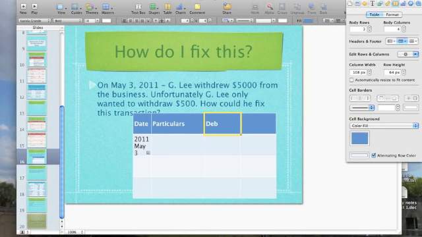Debit. And credit. So, we first put drawings. Then we put bank. Then we debit the drawings for $5,000 and credit the bank for $5,000.